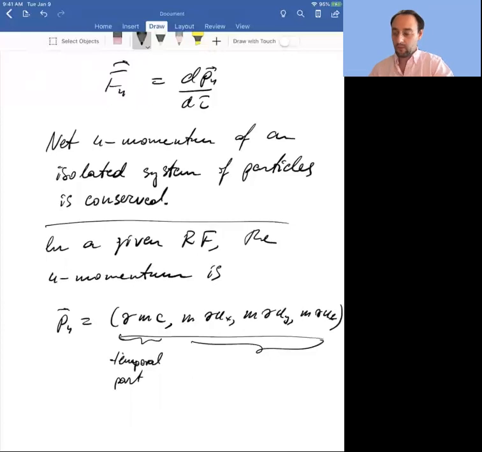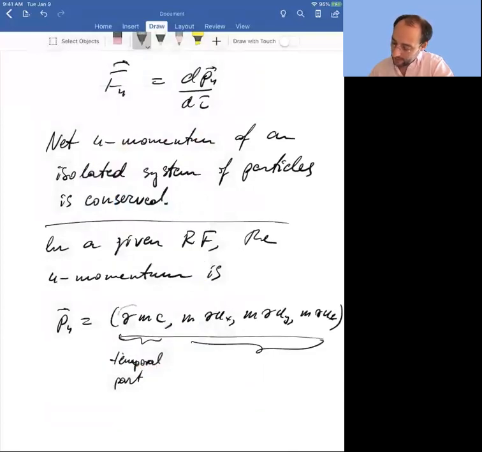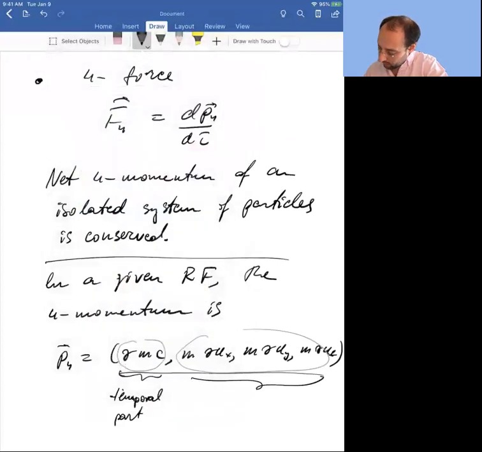That's why I call it temporal. This term is inherited from the ct in the very beginning. We start with the position vector, then we took the derivative, then we multiplied by m. So this is inherited from ct, and this is inherited from the xyz. That's why I call these the temporal part and the spatial part.